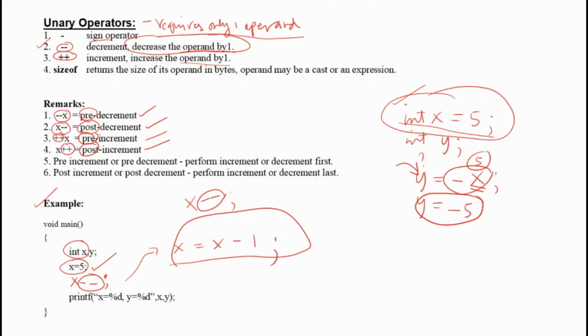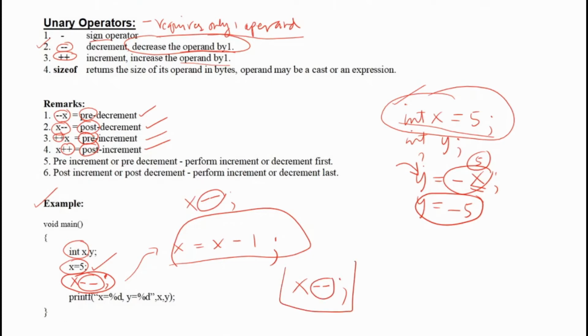Now later, we're going to discuss the difference between the pre and the post increment or decrement. This time, let's go back to our example, this statement here, which is x decrement, where the decrement is after the operand.